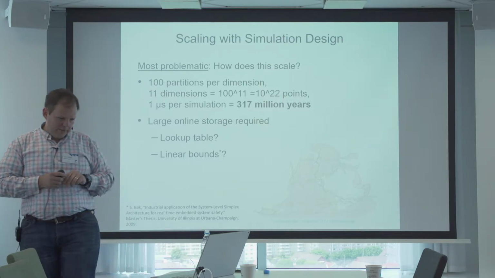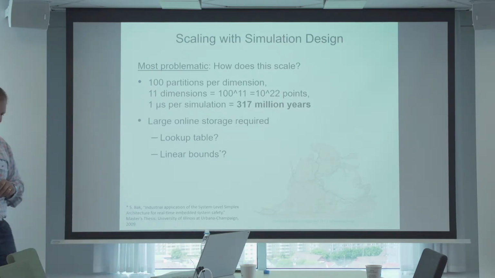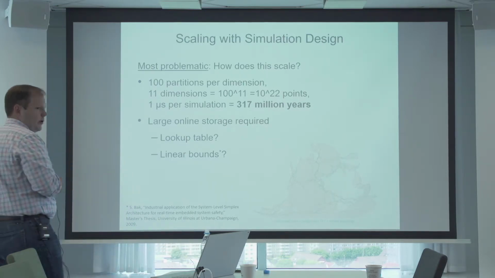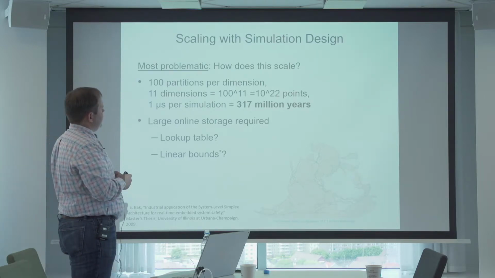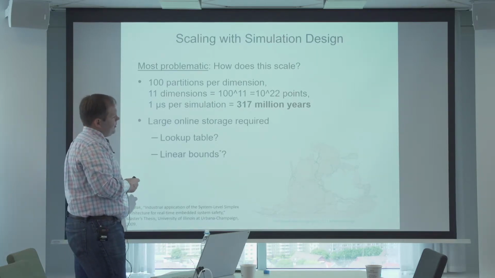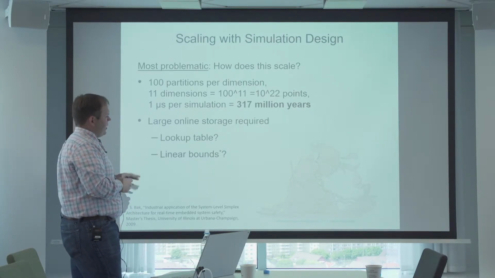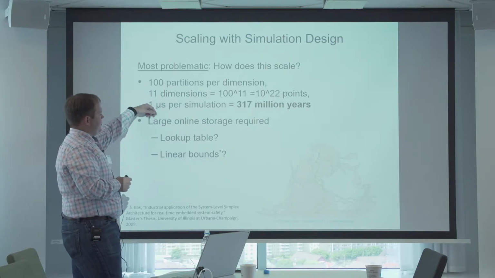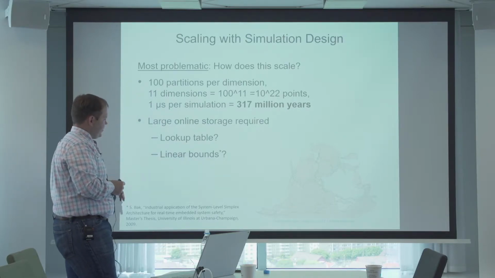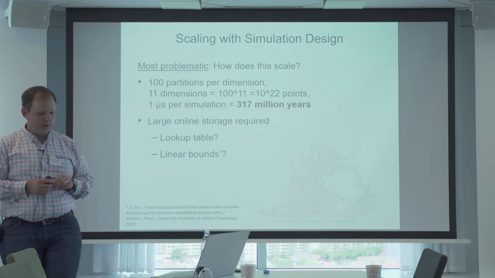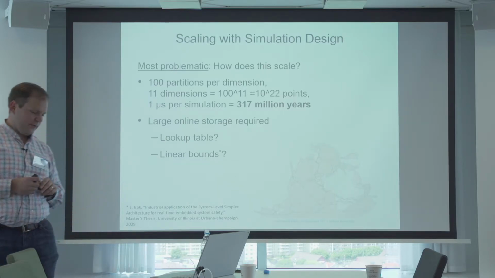So the scalability of this, with respect to that of, say, building a lookup table and then checking if the point that we're currently at or the point we're closest to would be safe or not, would be quite bad. If we had 100 partitions per dimension with an 11-dimensional system, it would be pretty terrible how many simulations we'd have to run.